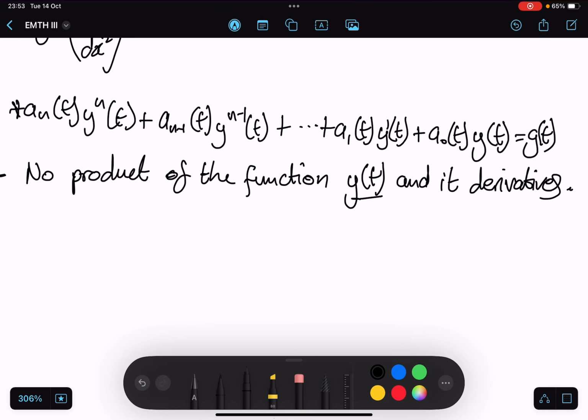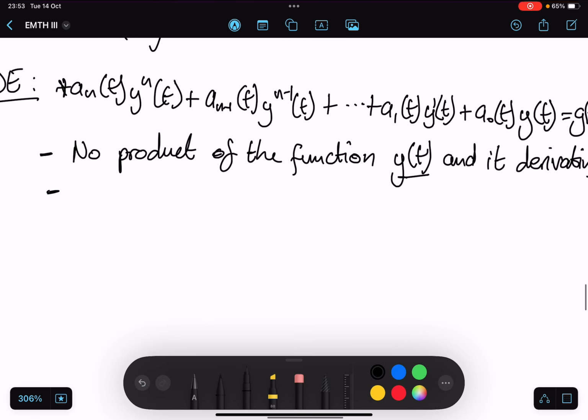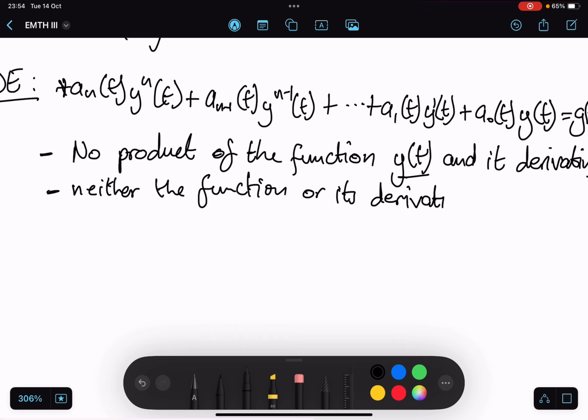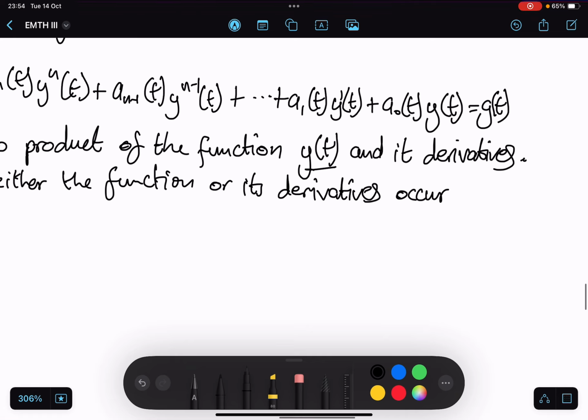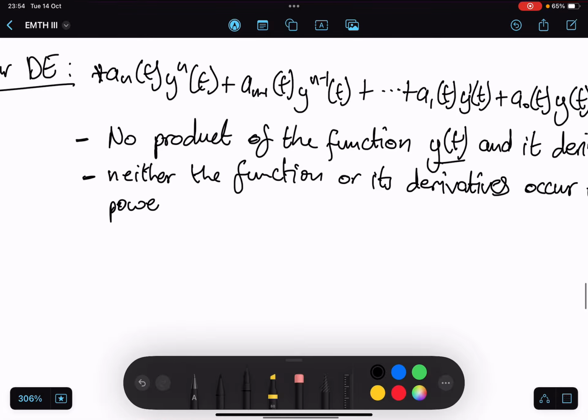And another thing we're saying is that neither the function nor its derivative occur to any power other than the first power.